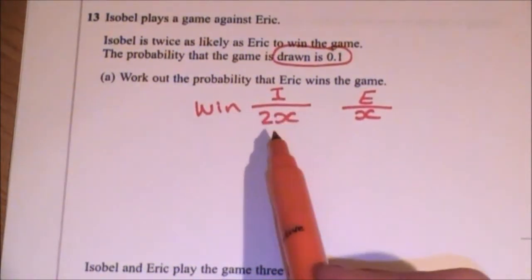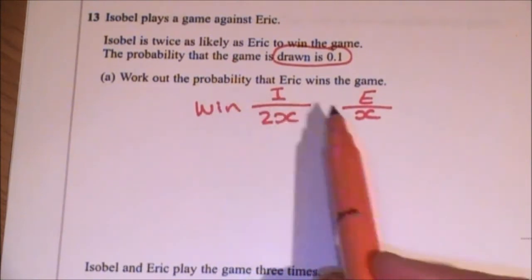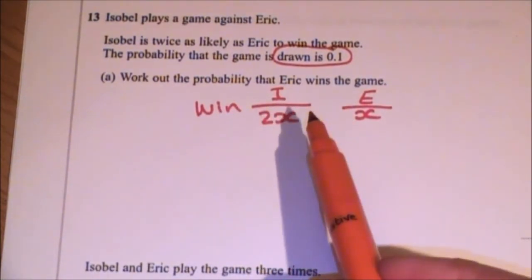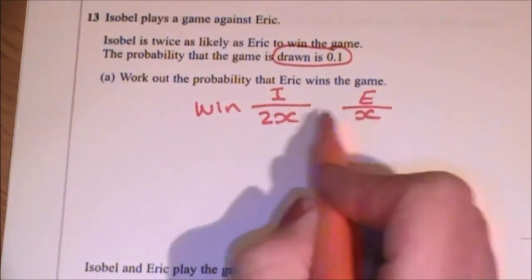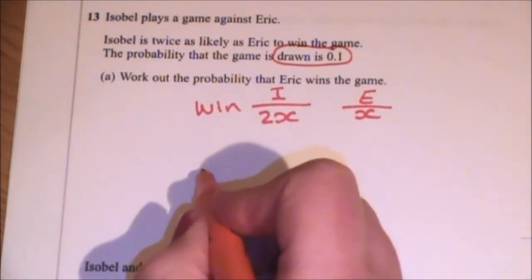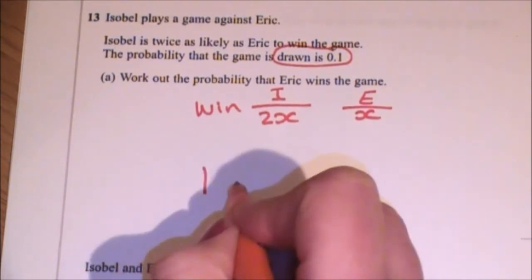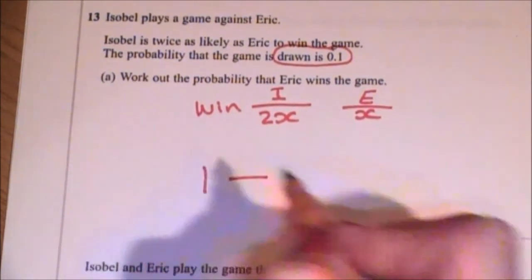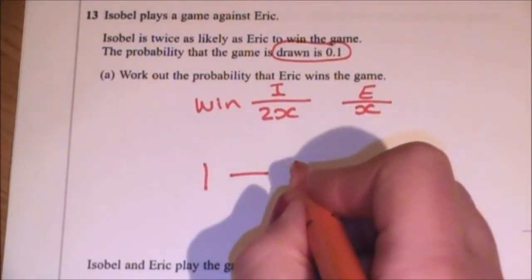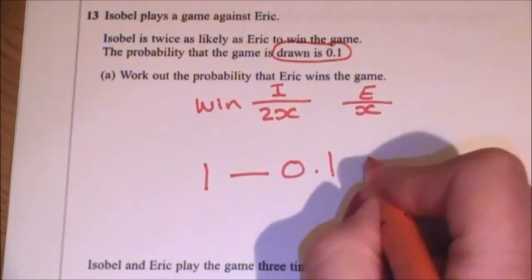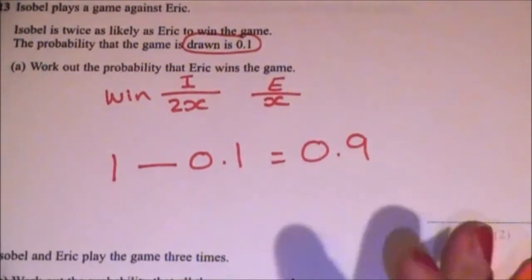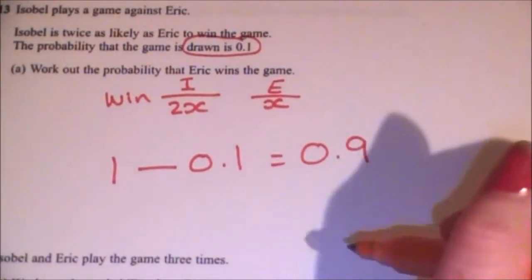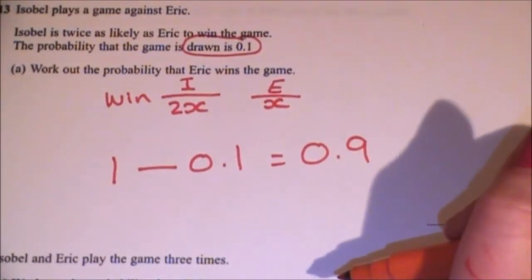So the fact that they can either win or draw means in order to find a number to share amongst their winning probabilities, I need to find out what's left over from the whole. So that is all the possible outcomes, take away the outcome that they've drawn, leaves me with 0.9 probability of someone winning.